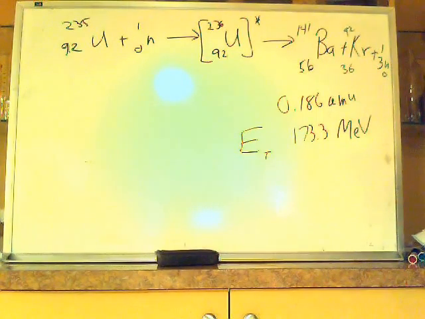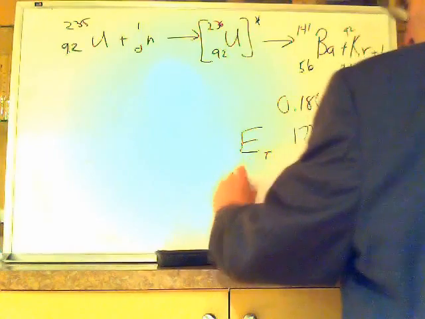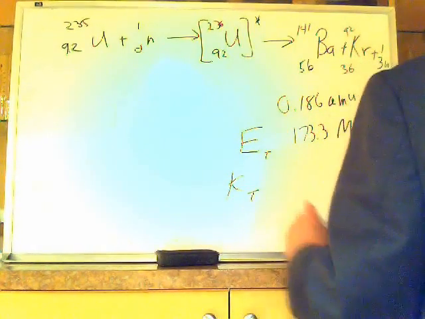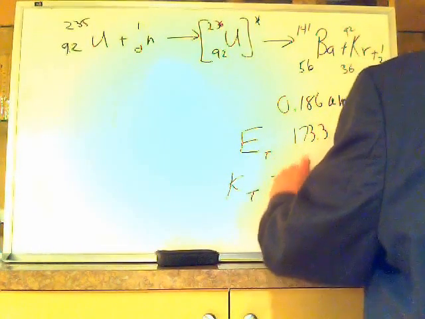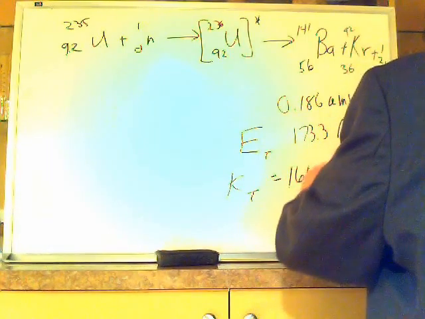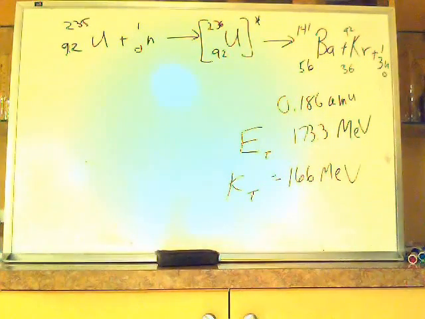That gives us 0.80 times 56 times 36 divided by the sum of the cube roots of 141 and 92, and that gives us a total kinetic energy of 166 million electron volts.